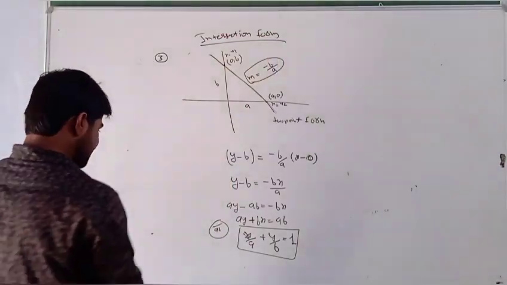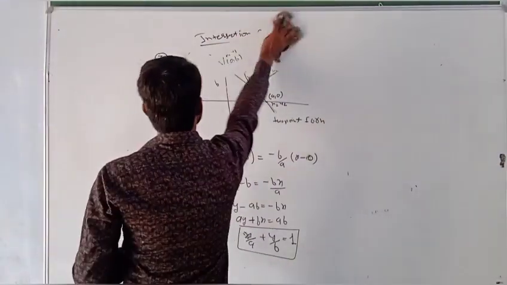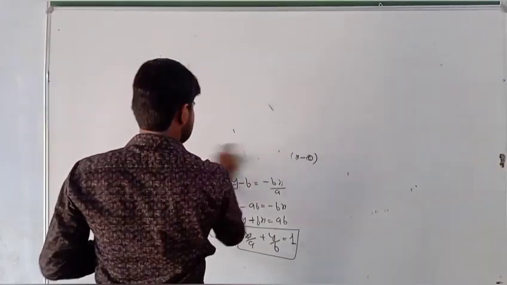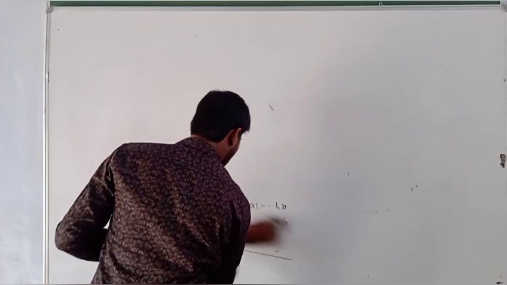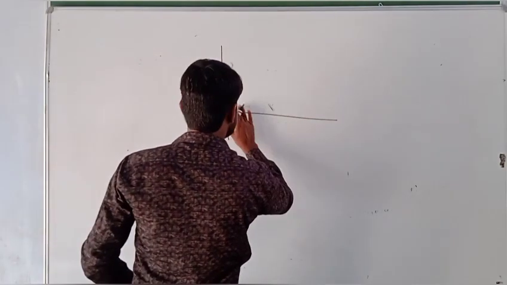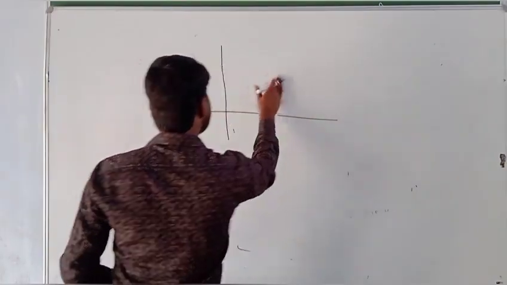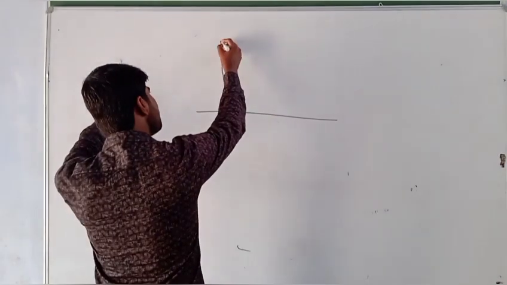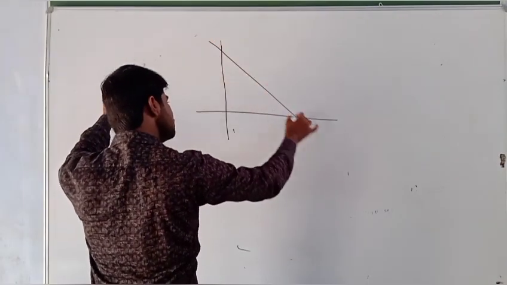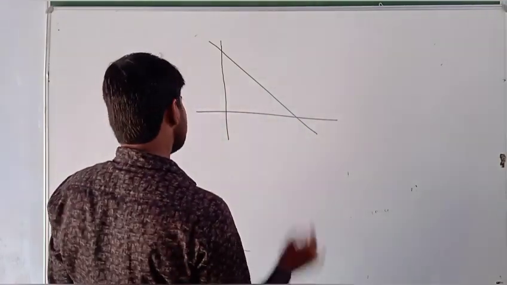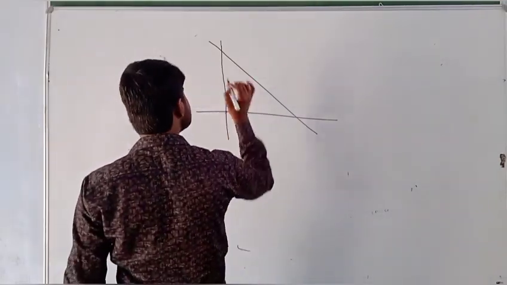Now after intercept form, we will go further to the perpendicular form or normal form of a line. In this, two things are given.